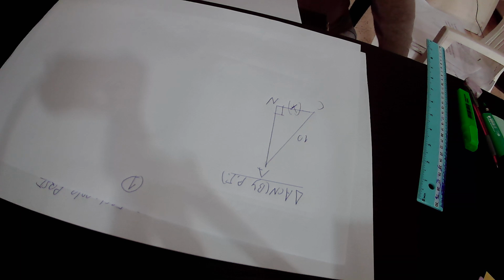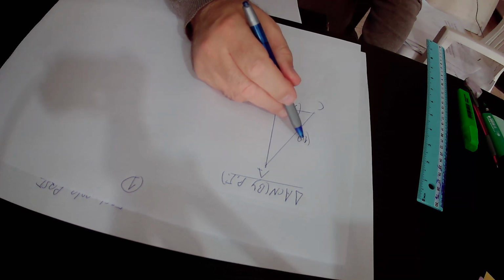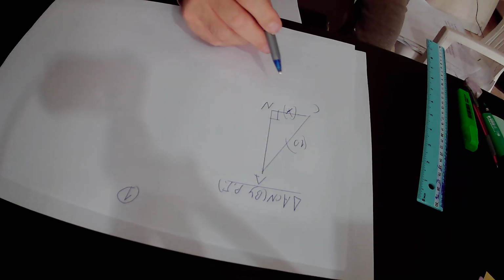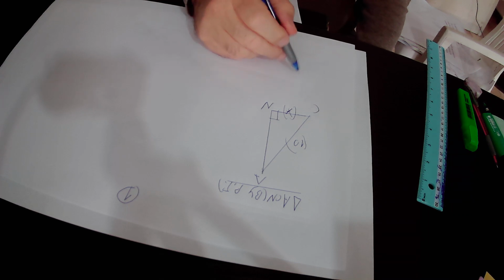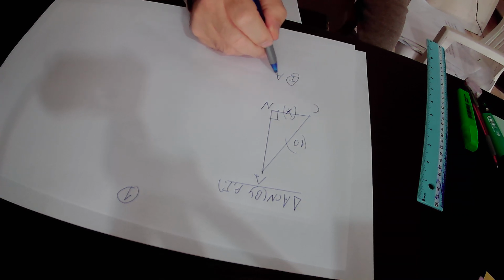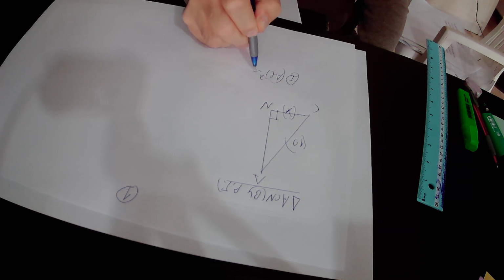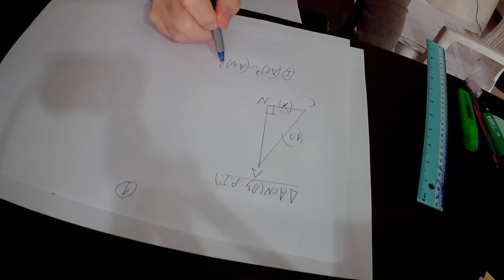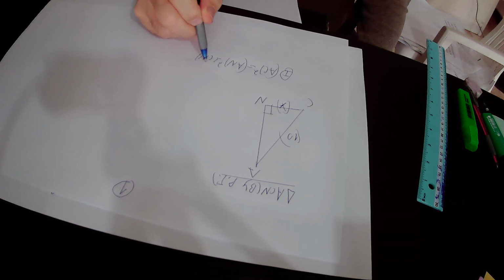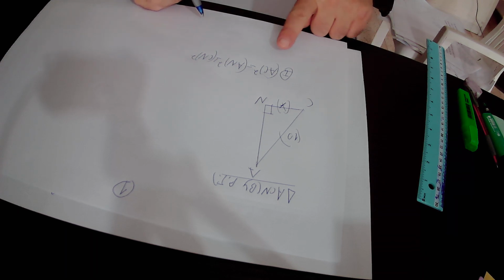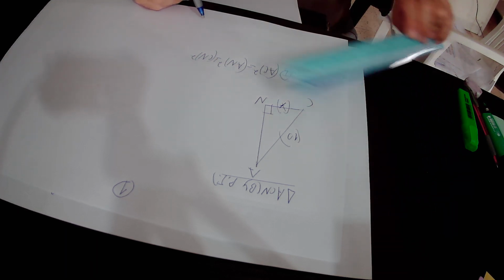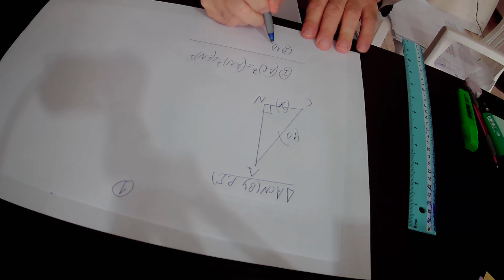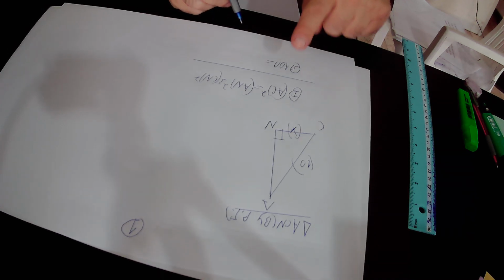According to the Pythagoras theorem, in any right triangle, the square of the hypotenuse equals the sum of the squares of the perpendicular sides. In the right triangle ABN, the hypotenuse is AB, therefore the square of the hypotenuse is AB squared, and it must equal AN squared plus BN squared. AB is 10, therefore AB squared is 10 squared, that is 100, and it equals AN squared.